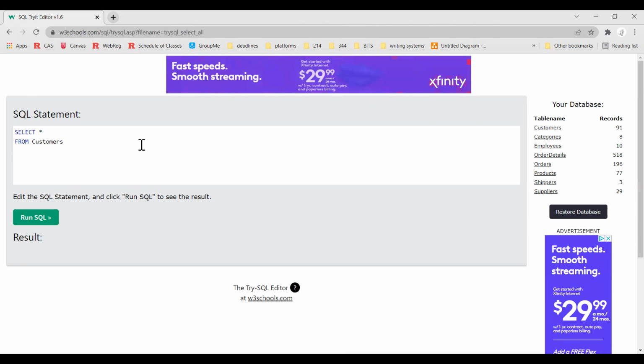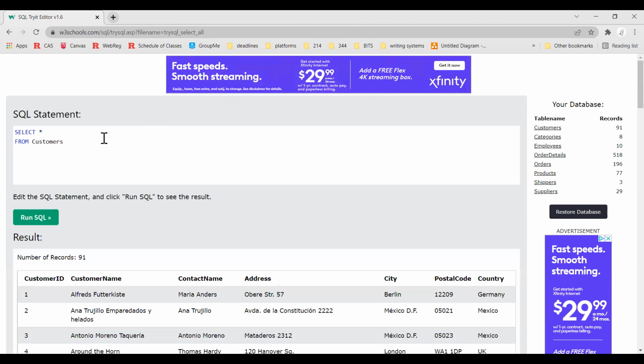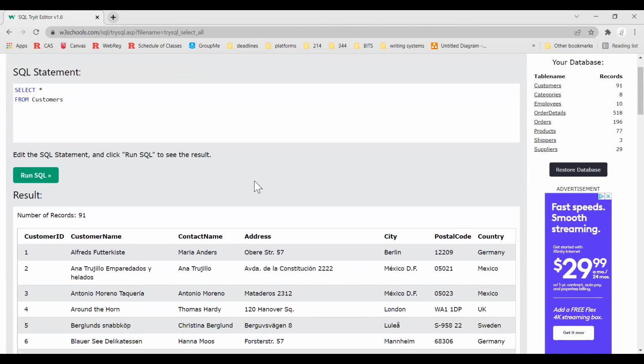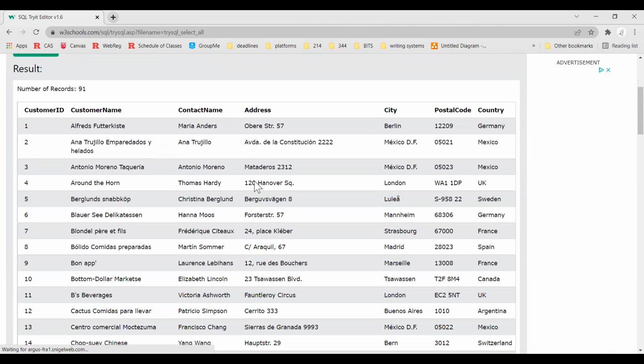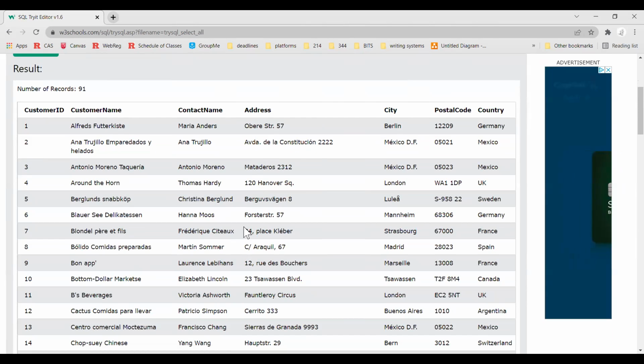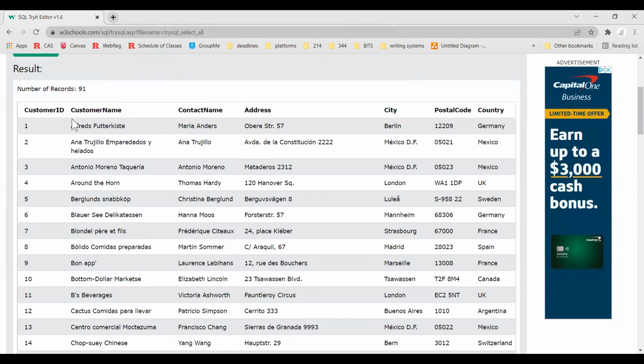All right, and let's run it. You can see over here that I did not put the semicolon. We're only putting one statement, so we don't actually need it on this particular editor. And this is everything in the customer table. There are 91 records, you can see.